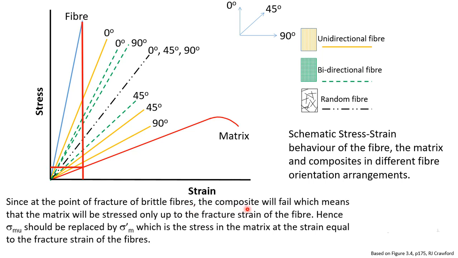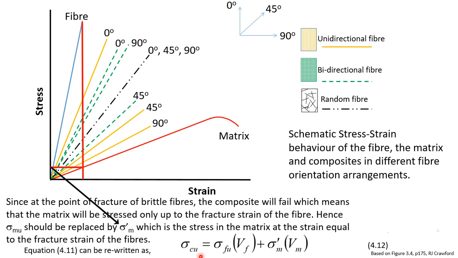Since at the point of fracture of brittle fibers, the composite will fail, which means that the matrix will be stressed only up to the fracture strain of the fiber. Hence, sigma mu, which is the ultimate tensile strength of the matrix, should be replaced by sigma m dash, which is the stress in the matrix at the strain equal to the fracture strain of the fibers. So this replacement we will do, and we will modify the equation.